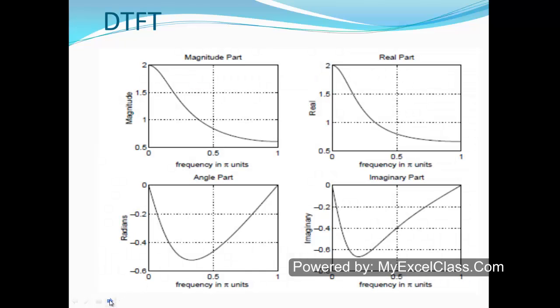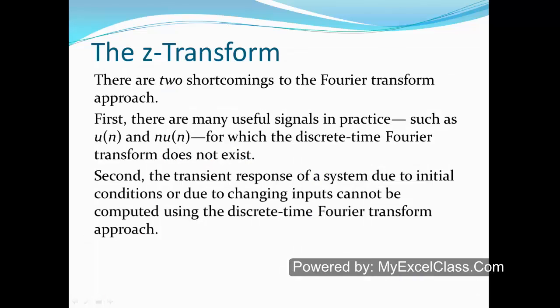So this was a simple plot with simple values. Okay, so now we are shifting to Z transform. There are two shortcomings to the Fourier transform approach. First, there are many useful signals in practice, such as u of n and n u of n, for which the discrete time Fourier transform does not exist. Second, the transient response of a system due to initial conditions or due to changing inputs cannot be computed using the discrete time Fourier transform approach.